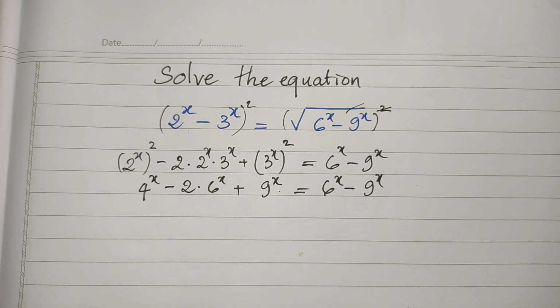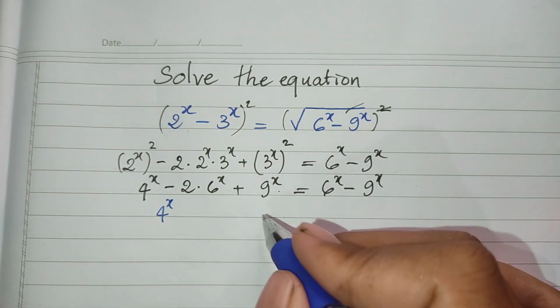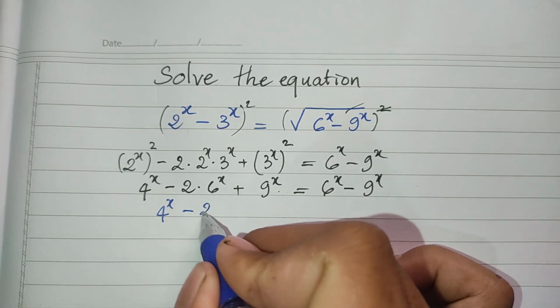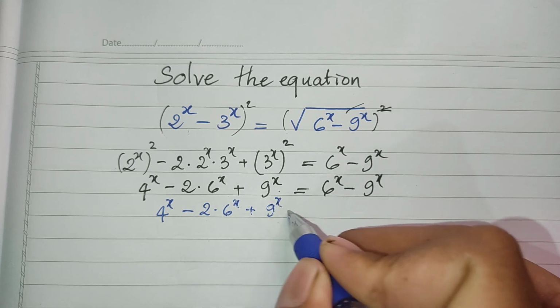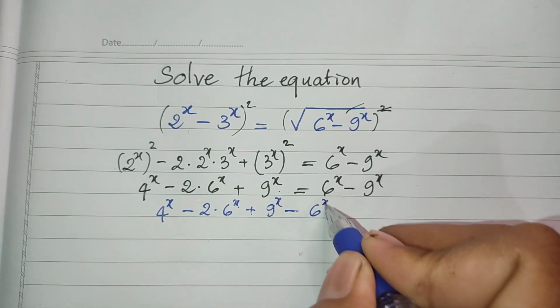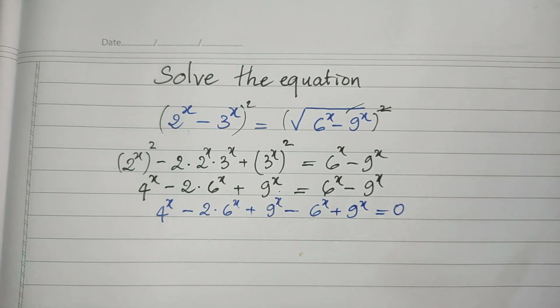So this equation we get is 4^x minus 2 times 6^x plus 9^x minus 6^x plus 9^x equals 0.